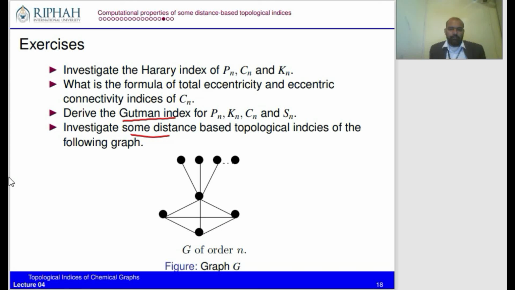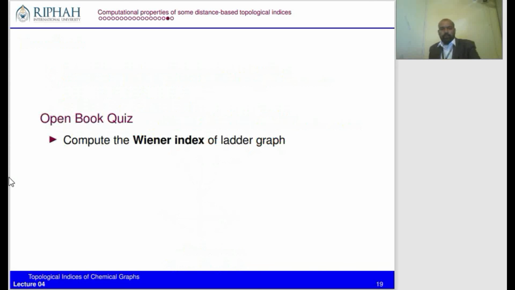Here you can see that there are n minus 4 vertices. So please practice these exercises, and when you are good enough to find the distance topological indices for some simple graphs, you have a tougher example, an open book quiz: compute the Wiener index of the ladder graph.